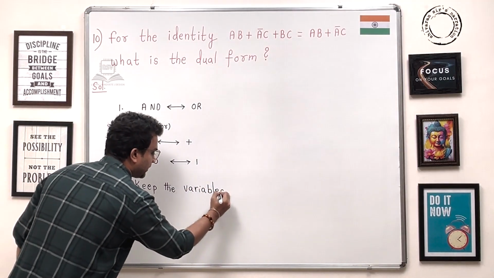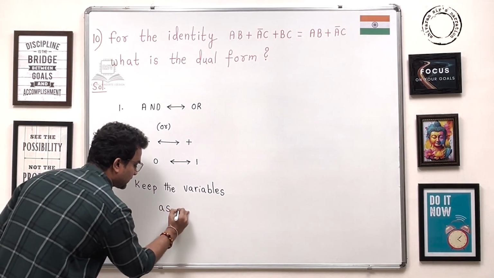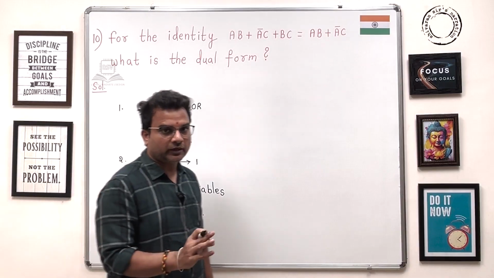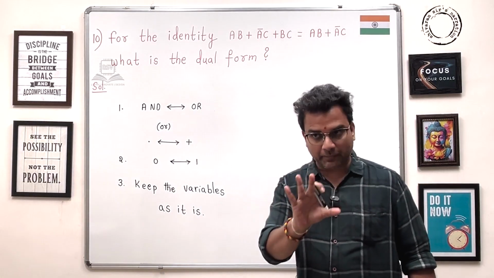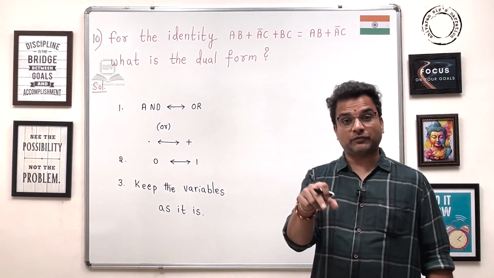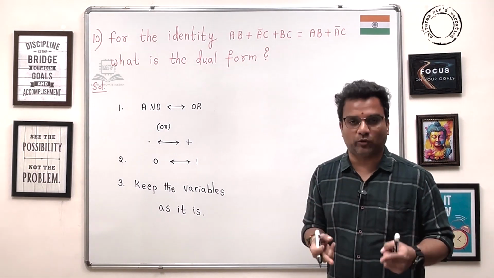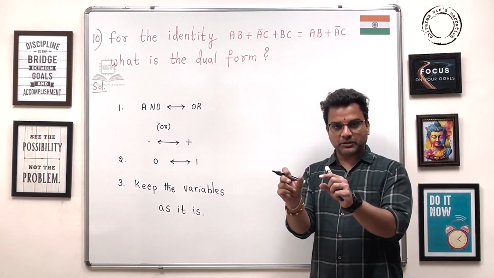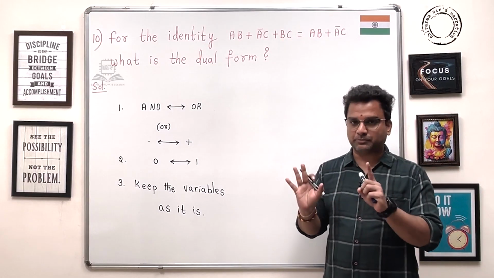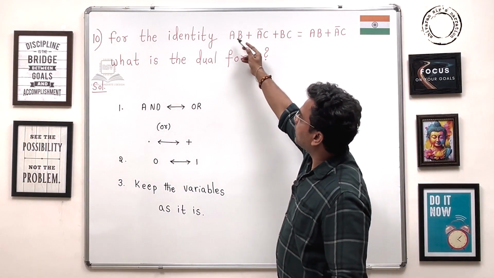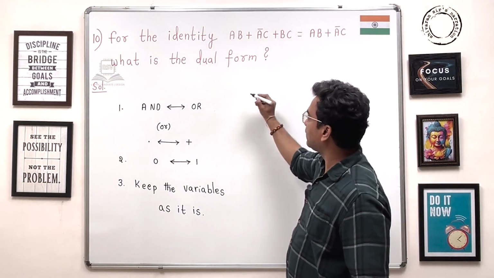That means, suppose in your original expression, there is A bar, then you need to keep it as it is, A bar only. You should not take A instead of A bar. So these are the rules to be followed to convert an expression into the dual of that particular expression. Now, let's see this. Here, A dot B is there, then how to write?